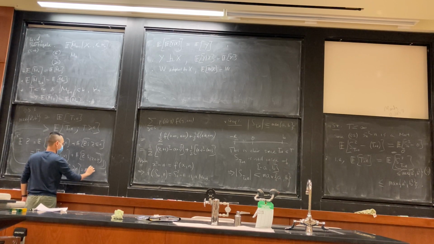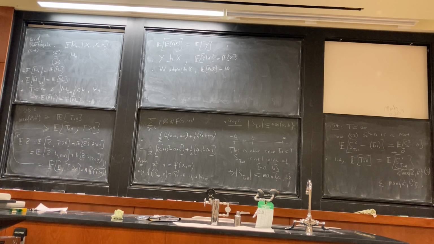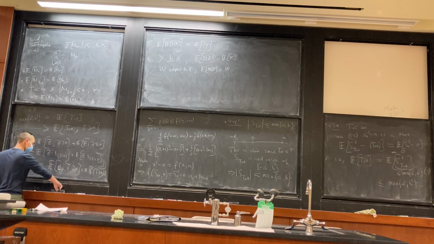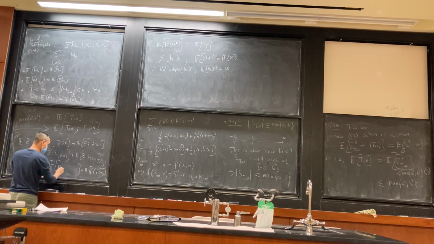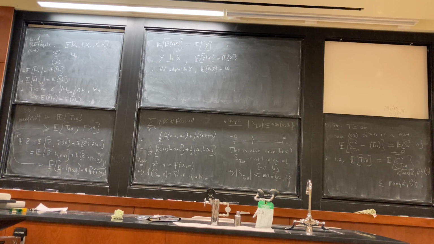So n times the expected value of the indicator function, which is just the probability of T greater than n. Because you can think about this as n times the indicator 1 of T greater than n. And the expected value of the indicator of a Bernoulli is just the probability of the success.